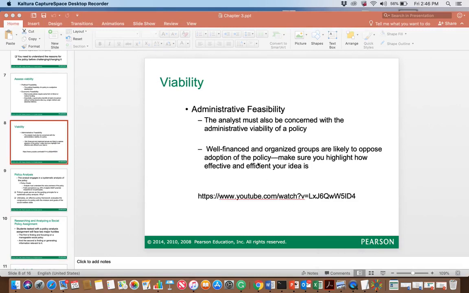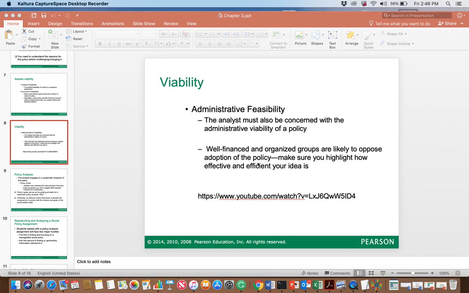Continuing with the viability assessment, I said before, administratively, we are talking about who is concerned with the administrative viability of a policy. A good example is that well-financed and organized groups are likely to oppose adoption of the policy. So make sure you highlight how effective and efficient your idea is.